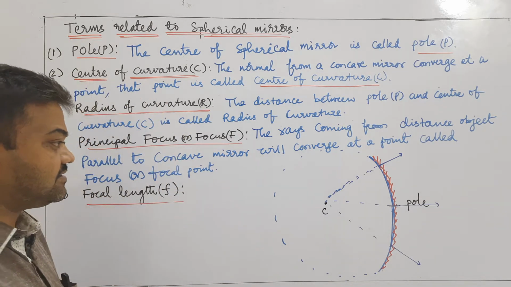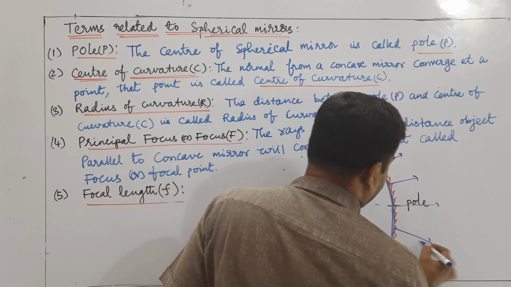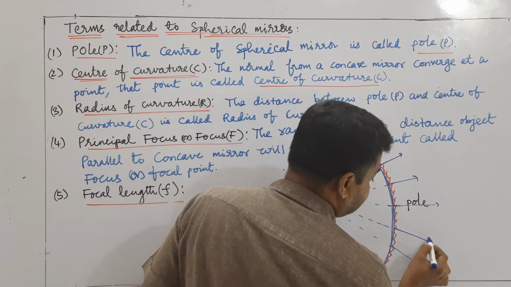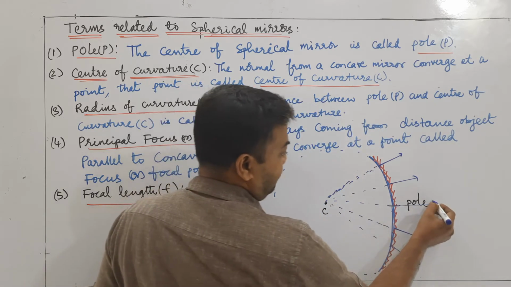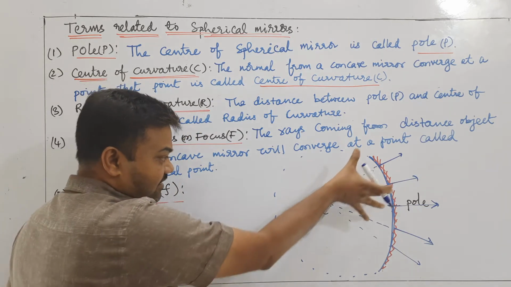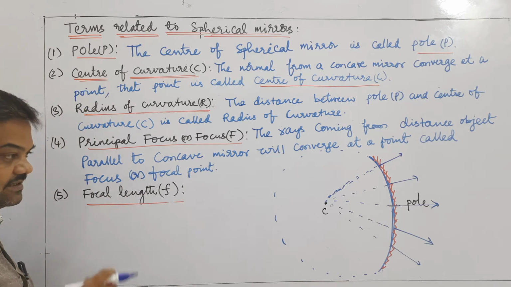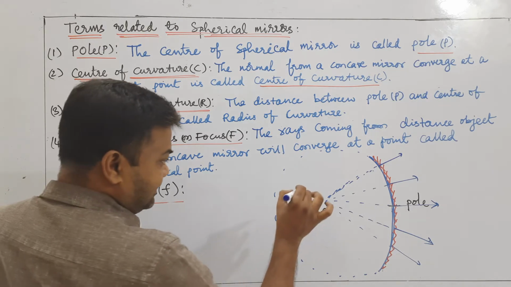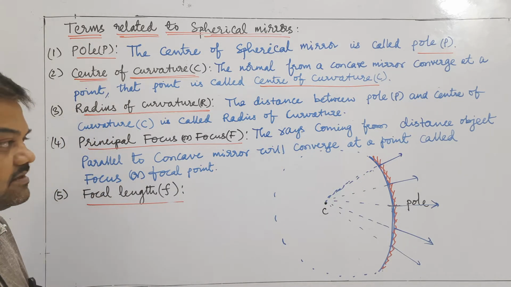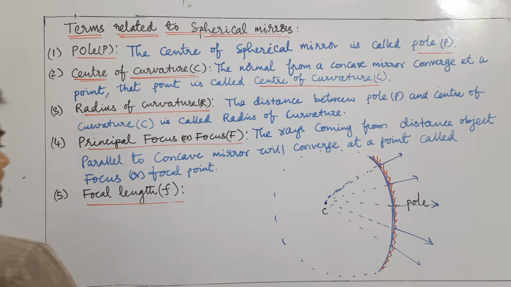Center of curvature means all the normals converge at one point. You observe it, all the normals are converging at one point. That point is the center of curvature, or the center of a sphere of which the mirror is a part. That is also one of the definitions.